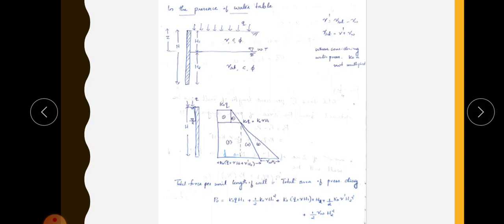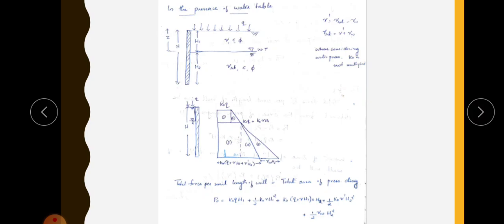The pressure due to water will be equal to unit weight of water into that particular height. But when we are considering the water pressure, k naught should not be multiplied. For example, in the case of backfill soil, the lateral pressure is k naught into gamma into h.